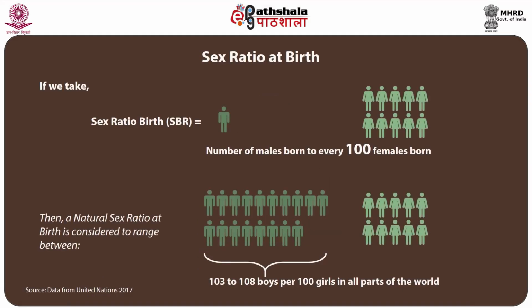If sex ratio is represented by male divided by female in 100, usually 103 to 108 boys are born compared to 100 females. In India, there is a huge difference from a normal sex ratio, which is 103 to 108 males for every 100 females.